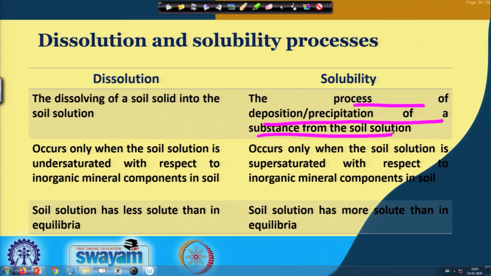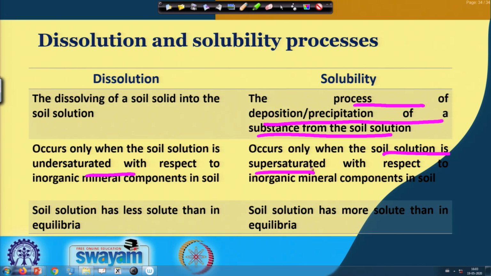In case of dissolution, it occurs only when the soil solution is undersaturated. However, the solubility occurs when the soil solution is supersaturated.